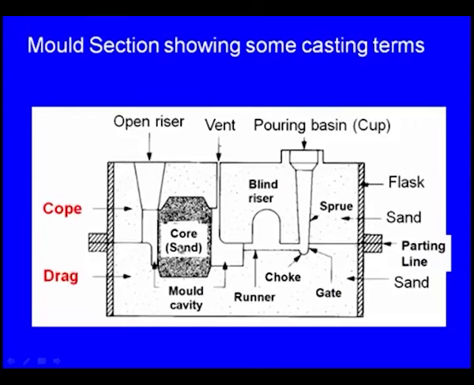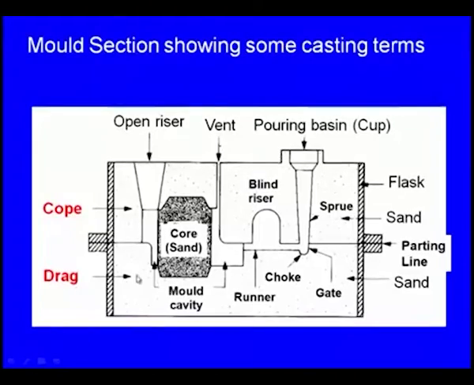Finally, as we keep pouring the molten metal it rises and reaches this level, then we stop pouring. To make this system we have used two moulding boxes: the lower moulding box, known as the drag, and the upper moulding box, known as the cope.